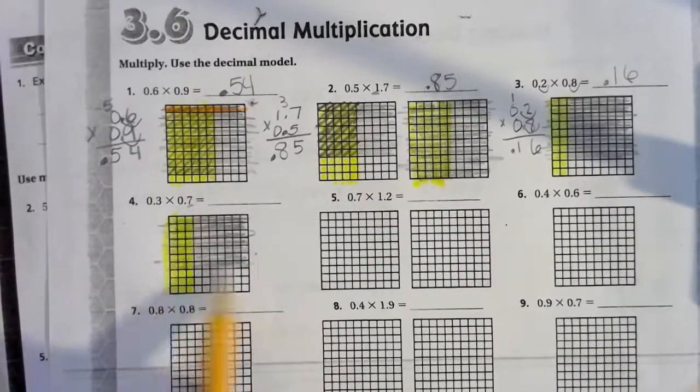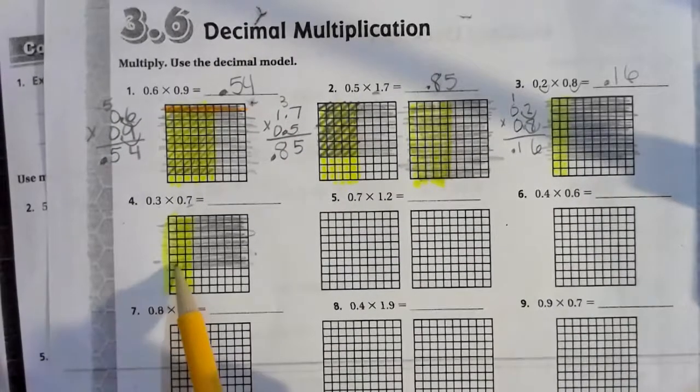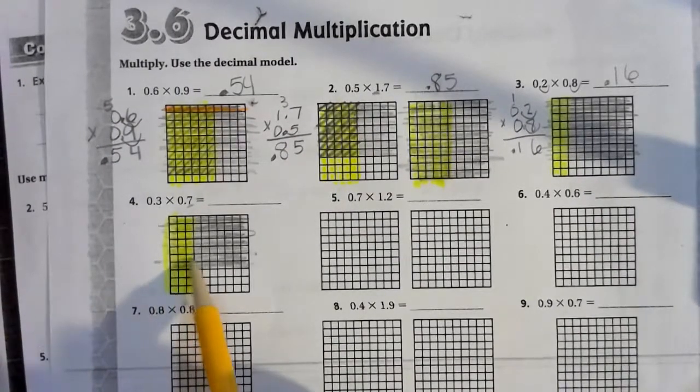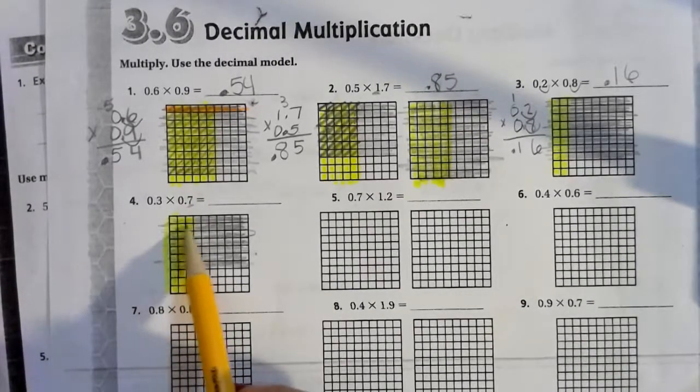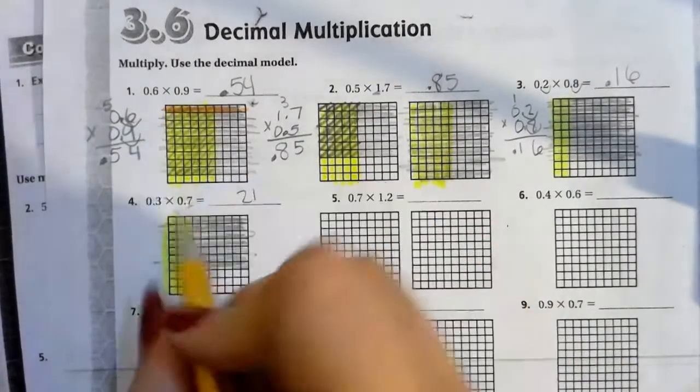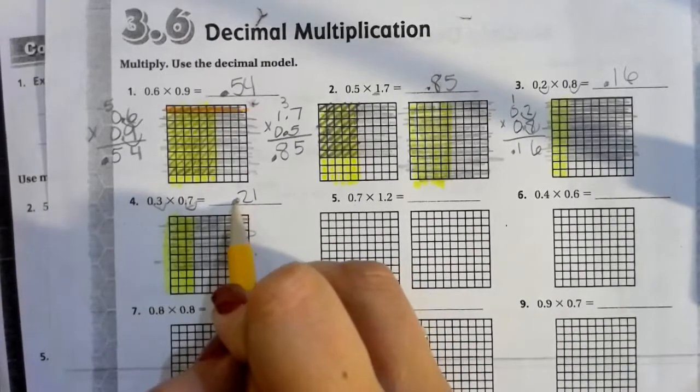How many are double shaded with the pencil and the highlighter? Well, that's 3. So 3, 6, 9, 12, 15, 16, 17, 18, 19, 20, 21. And then my decimal is 1, 2.